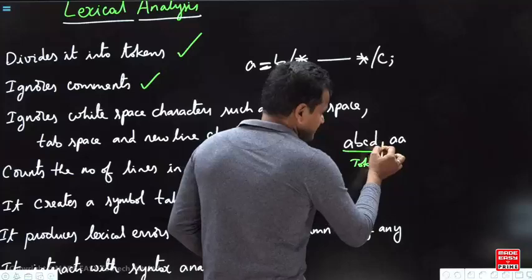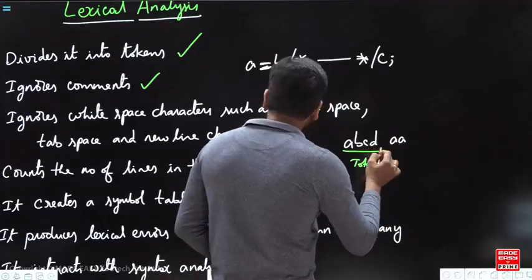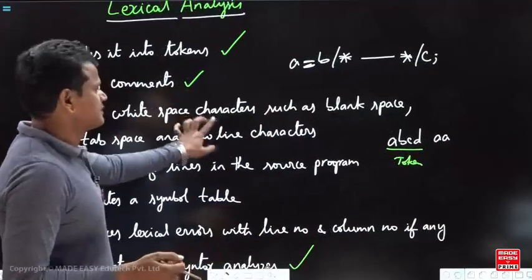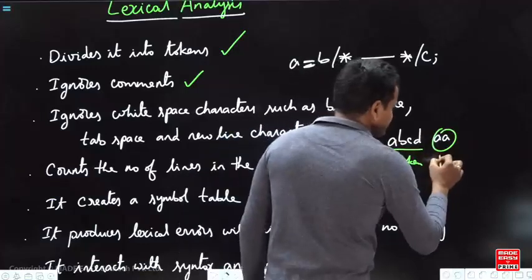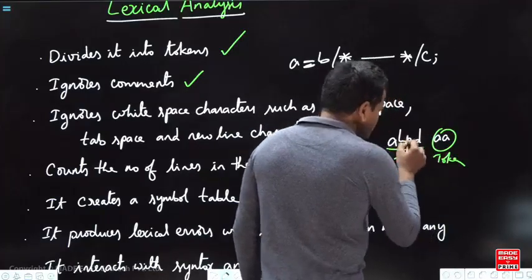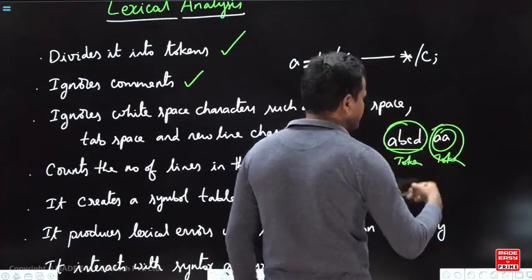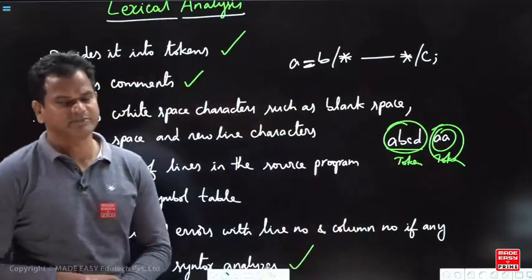So the white spaces will be ignored, and the next group of characters will be another token. To separate this token and this token, we can use the blank space.